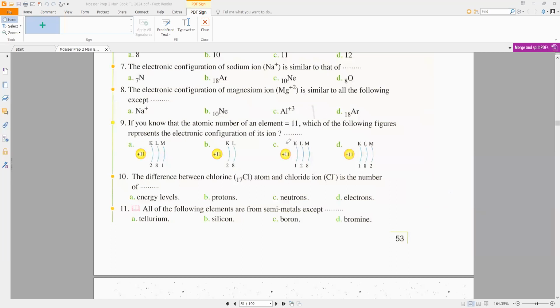It has one in the outermost level and it loses it, so it changes to an ion with 10 electrons. That is the right answer. Its ion has 10 electrons.